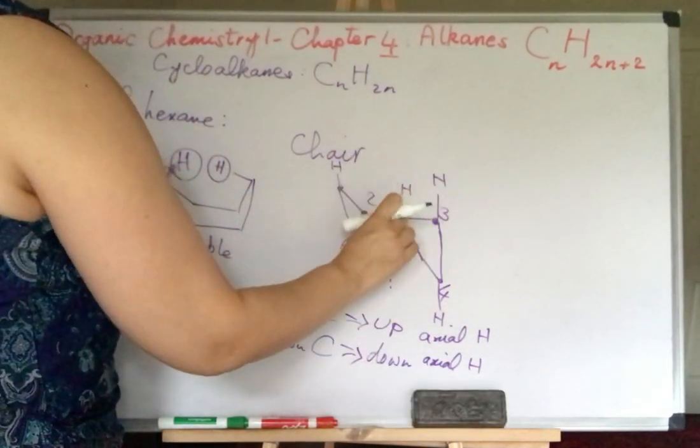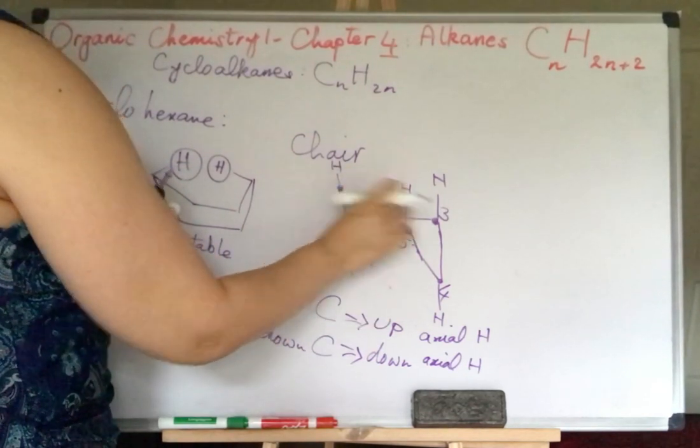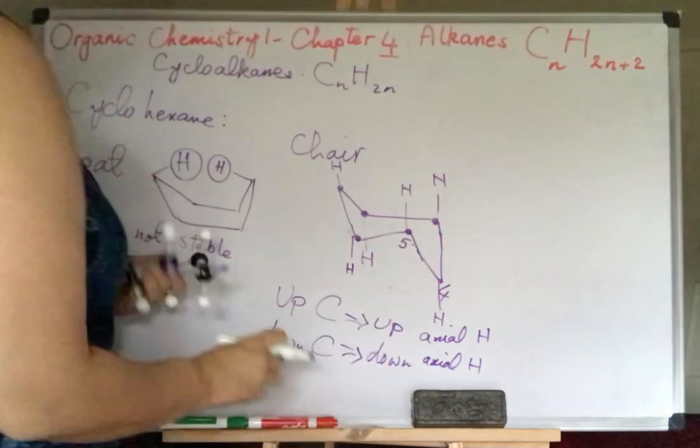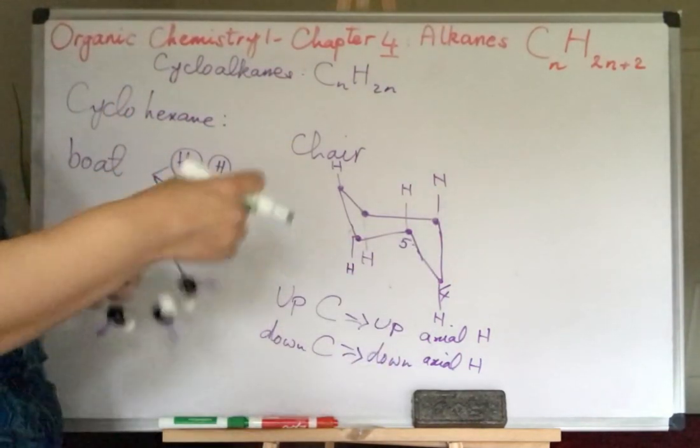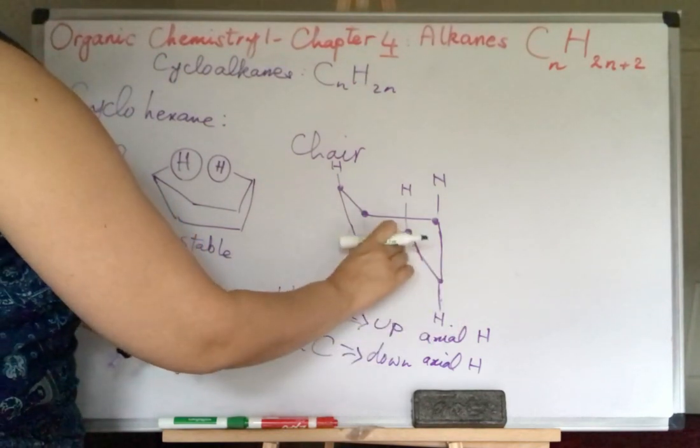Let me erase this. Now, how to deal with equatorial hydrogens? How to draw them? The goal is to keep the hydrogens away from each other as much as possible.